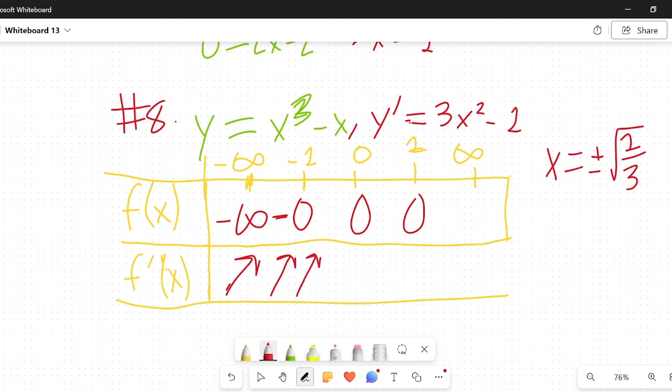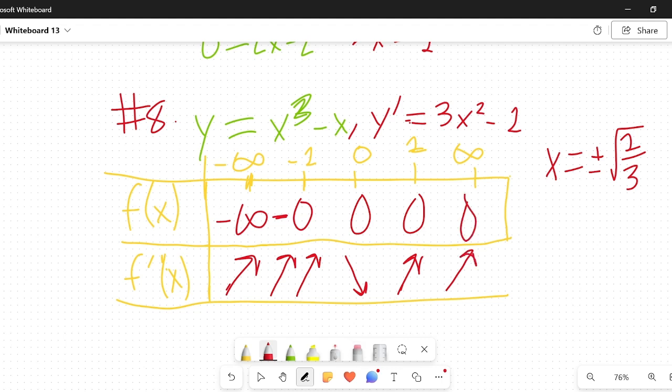But then when negative square root of 1/3 comes here, it is going to flip to negative. And then by the time it's back, it's going to be increasing once again, so it's dipping for a short stretch here.